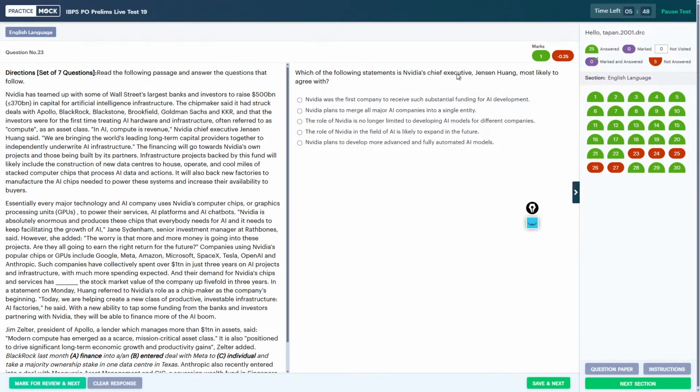Okay, which statement would the NVIDIA chief executive most likely agree with? The first company to receive such substantial funding, plans to merge all major AI companies. The role of NVIDIA is no longer limited to developing AI models for different companies, likely to expand in the future. Plans to develop more advanced and fully automated AI models.